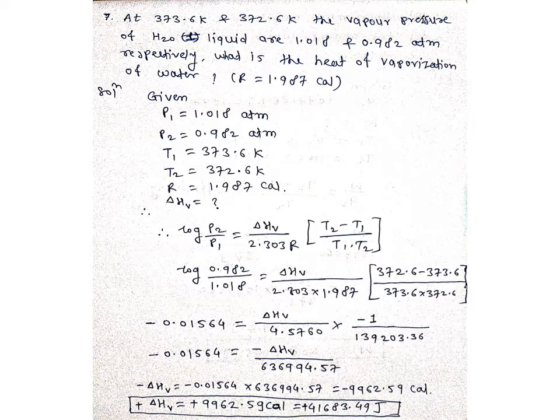You will get the answer, that is efficiency is equal to 0.25. To convert this into percentage, you have to multiply this 0.25 by 100 and you will get the answer in percentage, that is efficiency is equal to 25%.